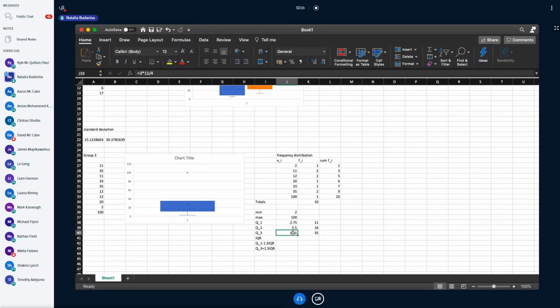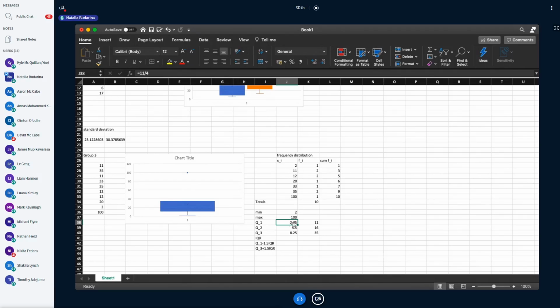And these numbers are not Q1 or Q3. These numbers give us the index for xi. So 2.75, what does this mean? It means that I need to take from my sequence the element x 2.75. I don't have this element, I have only integers: x1, x2, x3.